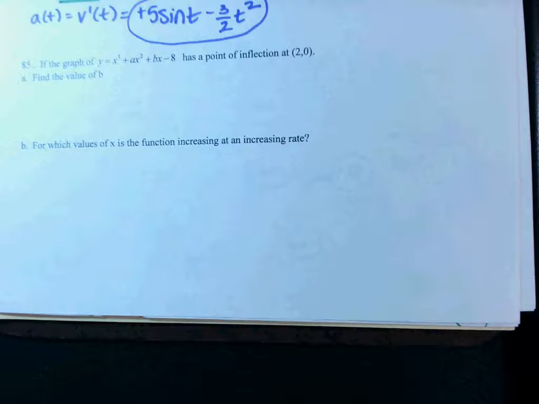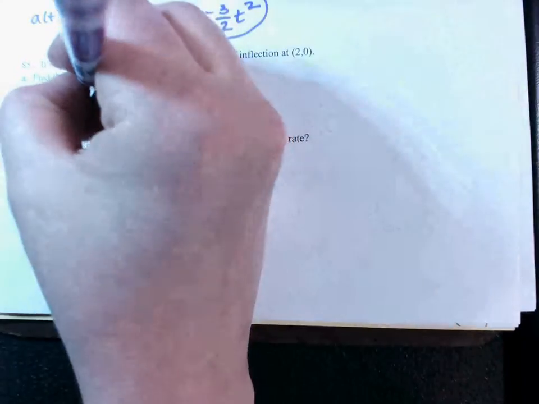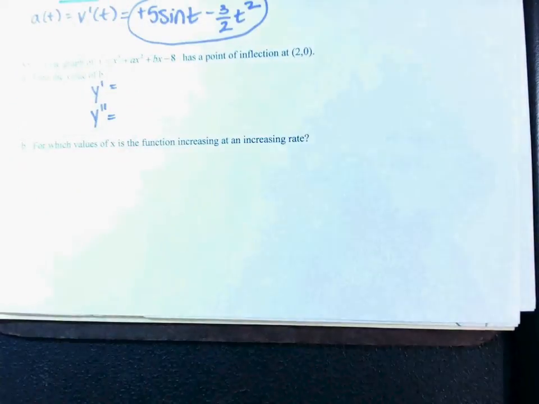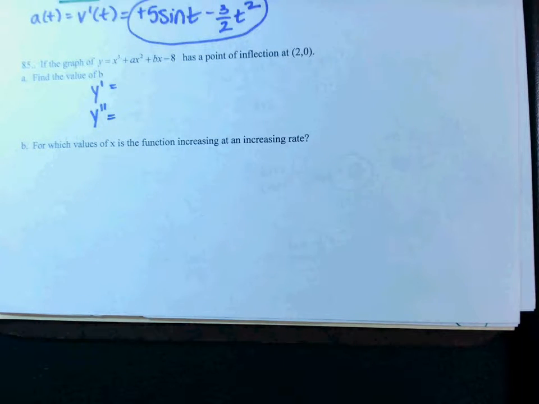Point of inflection, what derivative is that, first or second? So automatically on the AP test, even if you don't know what you're supposed to be doing, you should take the derivative twice, and you'll get some points along the way. So let's start with that. So y prime, and then y double prime. So do that first. Because point of inflection, we automatically know we're using the second derivative, not the first derivative.